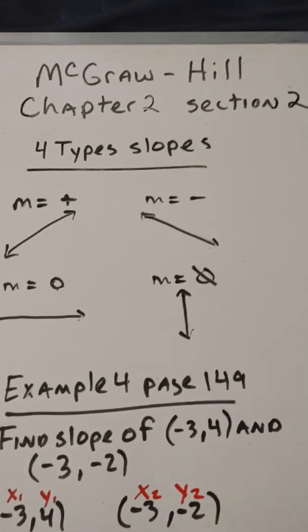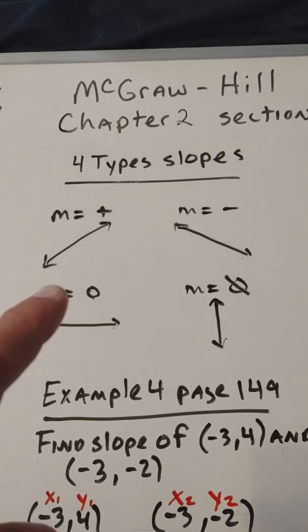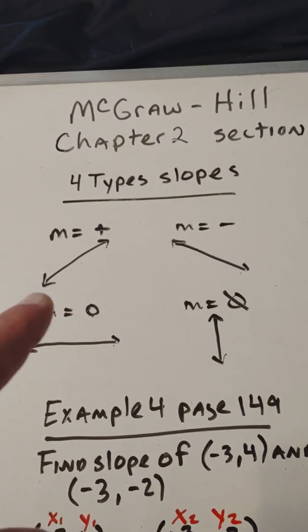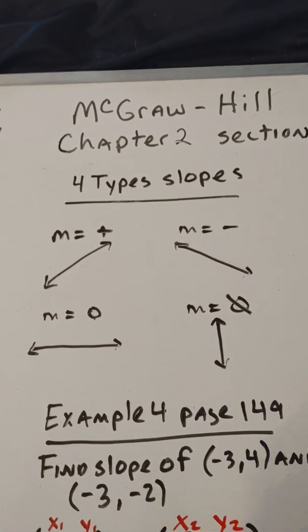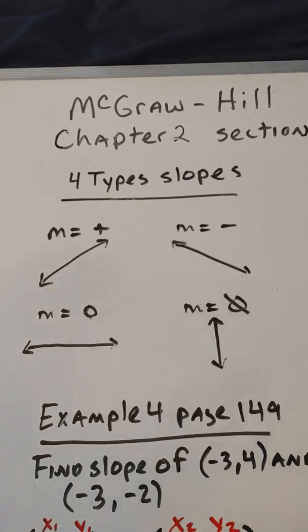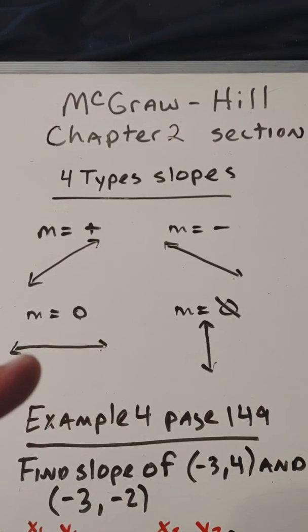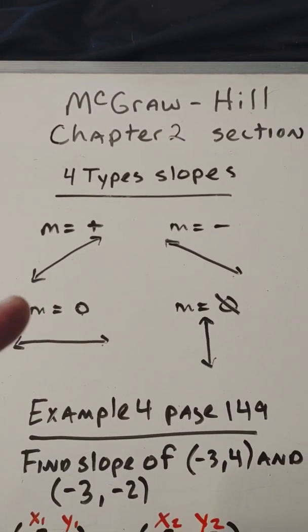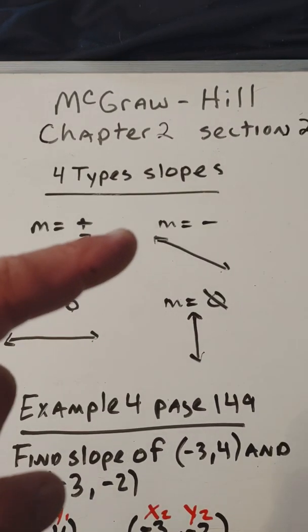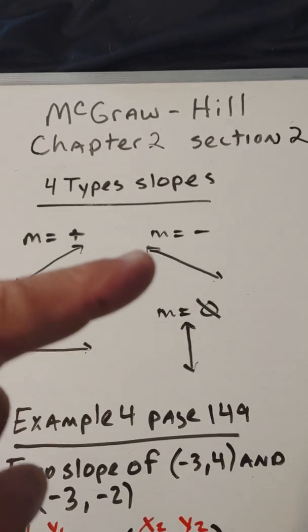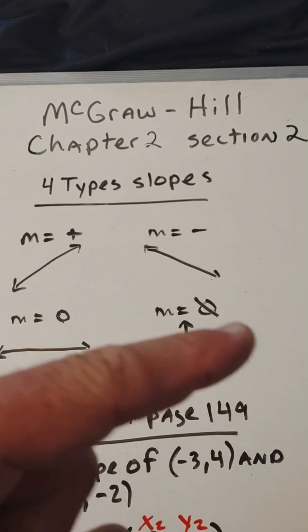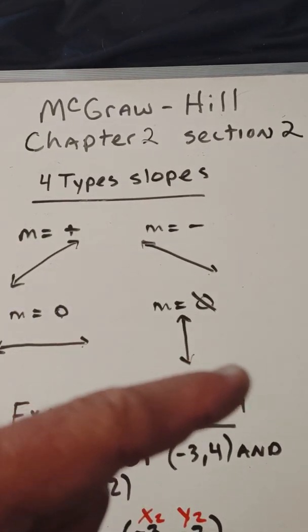There are 4 types of slopes. First is a positive slope. And you can see from here, we always read lines from left to right, from the smallest value to the largest. So you can see that a positive slope rises as we go from left to right. A negative slope falls as we go from left to right.